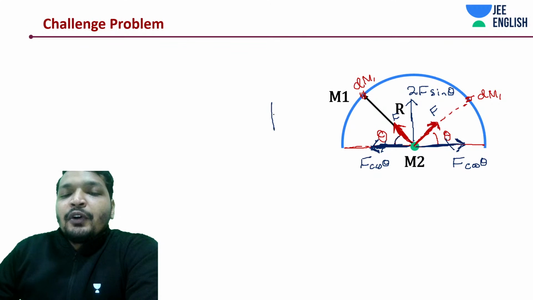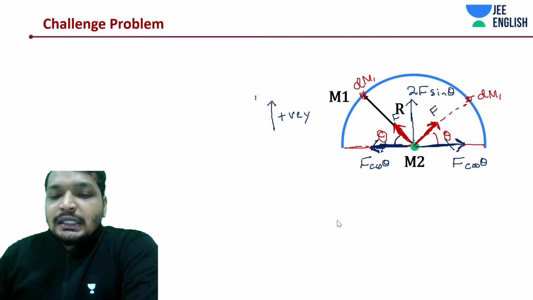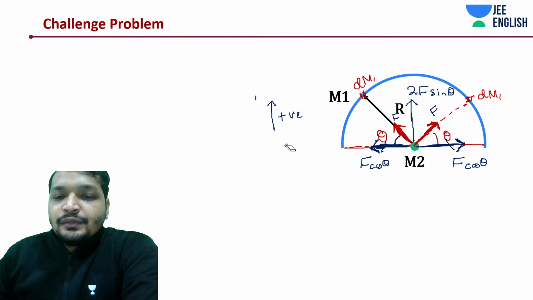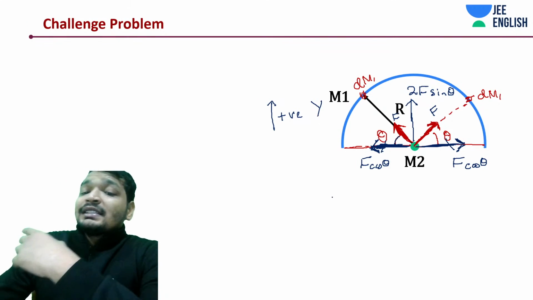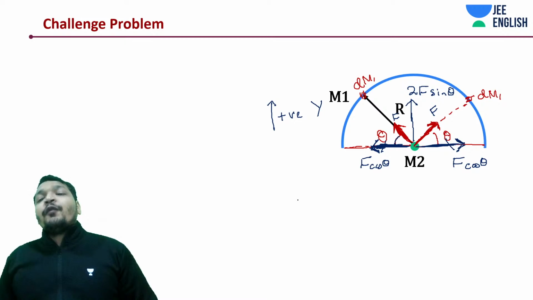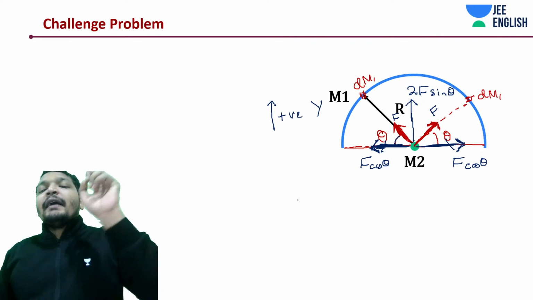If you take this to be positive y, then what is the direction? This is force on m1 by m2. This is force on m2 by m1.